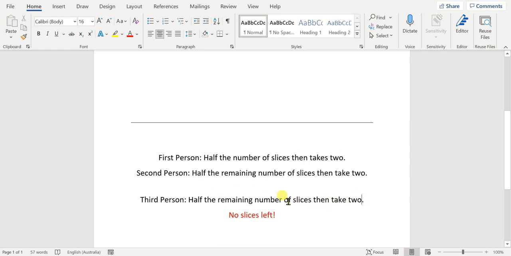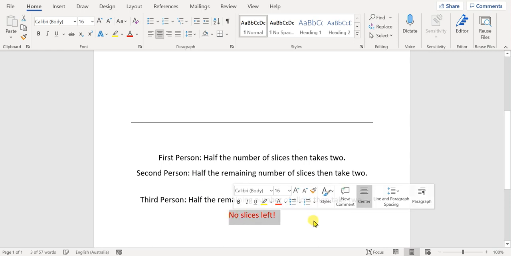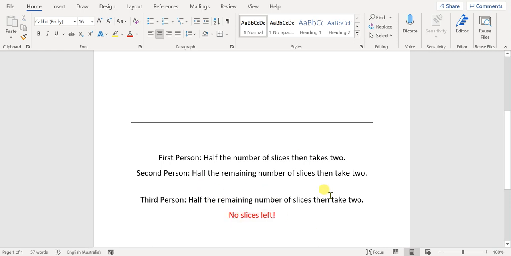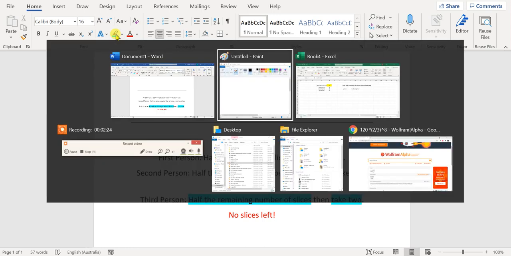Now, if it says there's none left, so if we halve the number of slices and then take 2, and we've got none left, that means that we took away half the remaining number. That was step 1 of this final part. And then we took 2, but because we've already taken half, that must make 2 the other half.